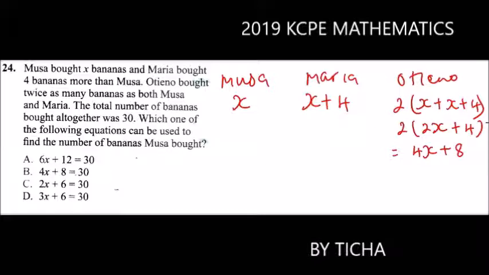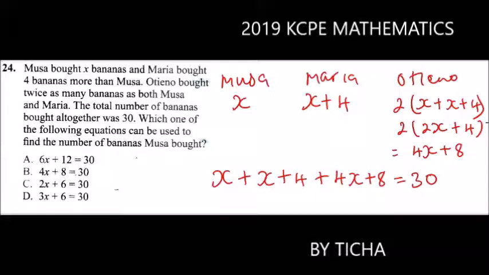So it means that since we are told the total number of bananas altogether was 30, if you add what Musa bought plus what Maria bought, that is x plus 4, plus what Otieno bought, that is 4x plus 8, that should give you 30. So you put the right terms together.